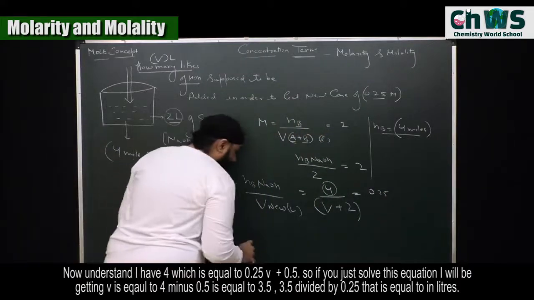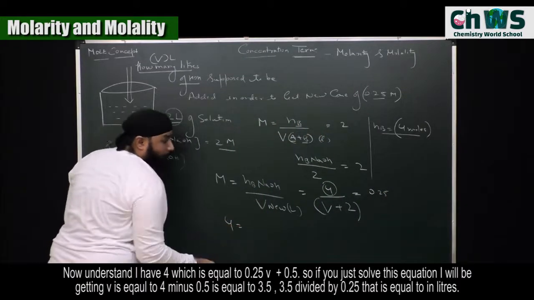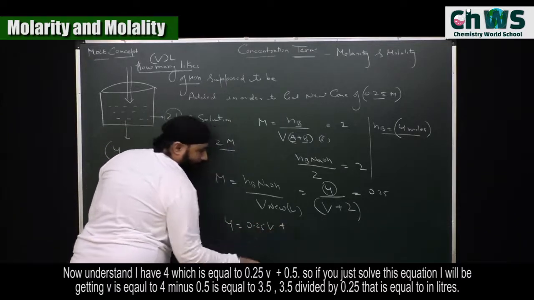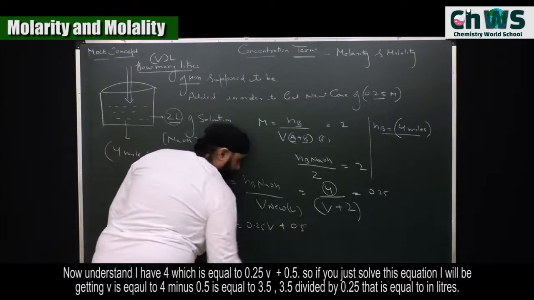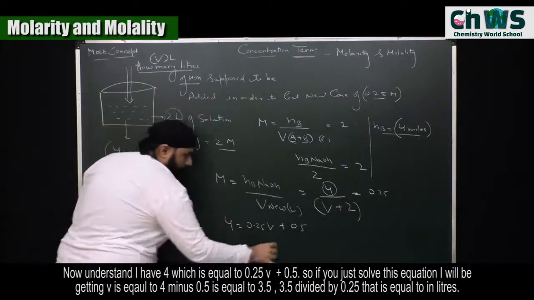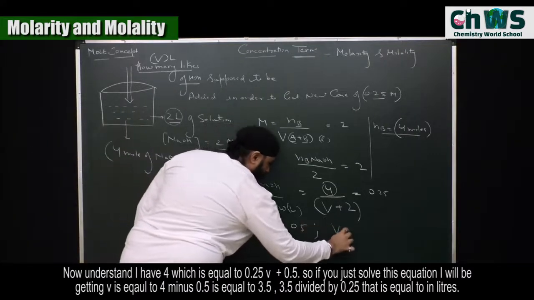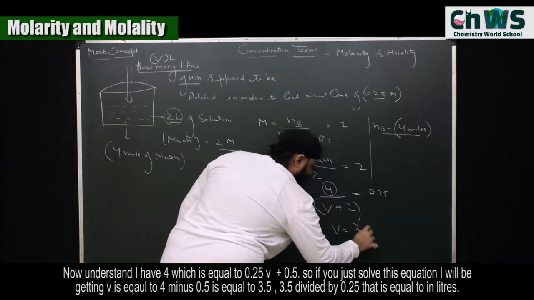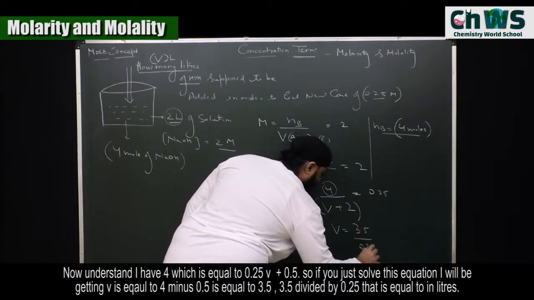Now understand, I got 4 is equal to 0.25 V plus 0.5. If you just solve this equation, I will get V is equal to 4 minus 0.5 is 3.5, 3.5 divided by 0.25, that many liters.